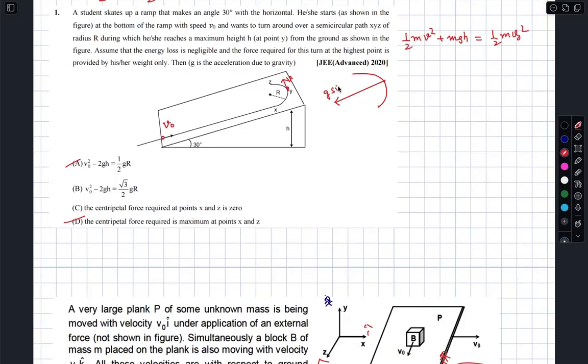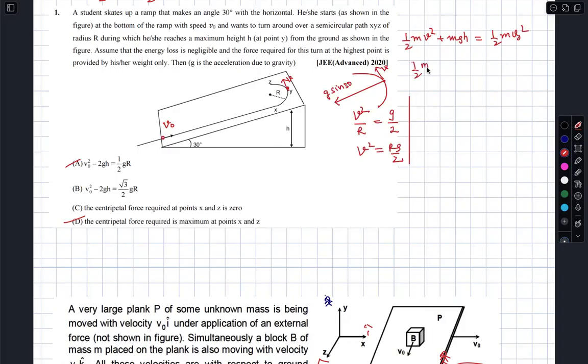In fact, g sin 30, which clearly implies v square by R at that point is g sin 30, g by 2. So wherever I have v square, I can write Rg by 2. Now I'll use this relation over here.